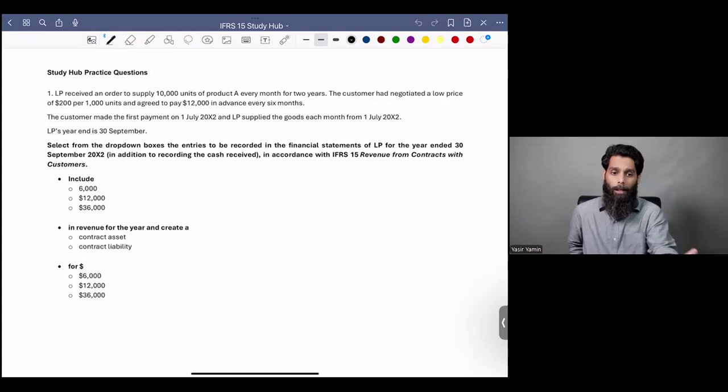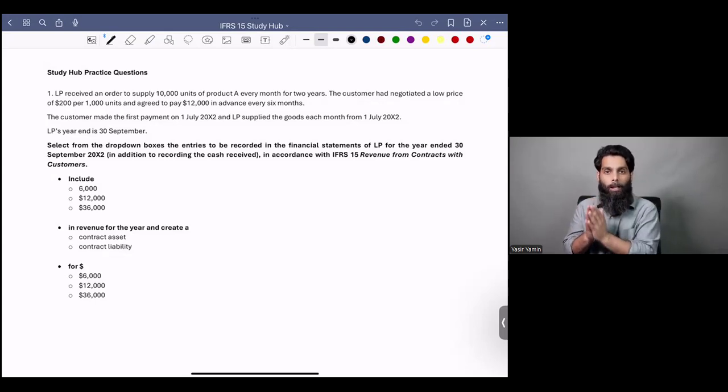Now remember, a performance obligation is separate when it can be provided on its own and the customer can enjoy the economic benefits of that good or service on its own. The satisfaction of performance obligation is always categorized under either of two headings.